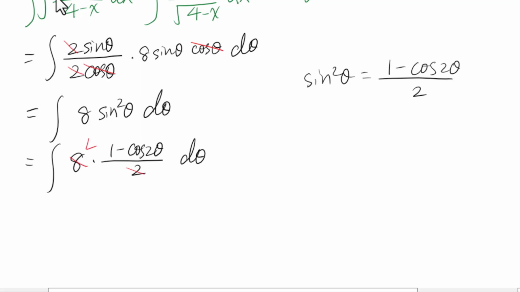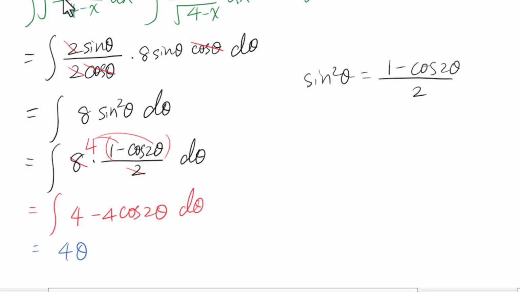Then do the distributive property, equals the integral of 4 minus 4 cosine 2 theta d theta. Then we can get 4 theta minus 4 times sine 2 theta times 1 over 2 plus c.